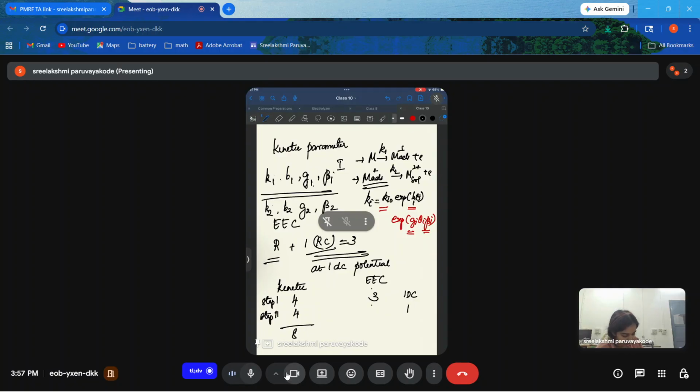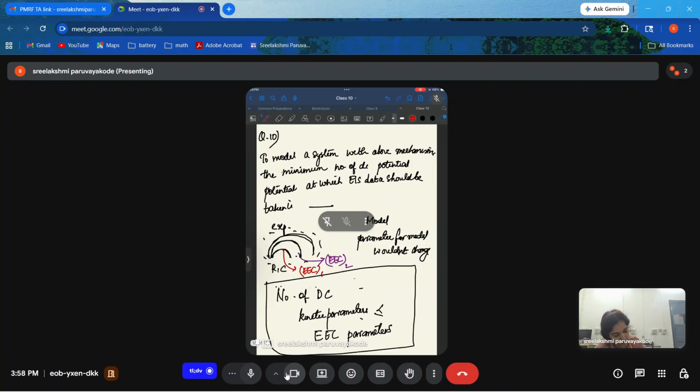Now if I take 2 DC potentials, I will have 3 plus 3, 6, which is again lesser than 8. Now let's go for 3 DC potentials. You'll have 3 plus 3 plus 3, which is higher than 8. So the answer for this question is 3 DC potentials. I hope that it's clear.